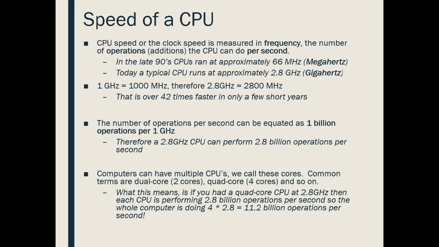Now this is true on paper. In reality, it's going to be less, because there is some loss in speed, because there are things traveling back and forth between the CPUs and whatnot, communication that occurs. So you don't actually get that number, but for argument's sake, that's about right.